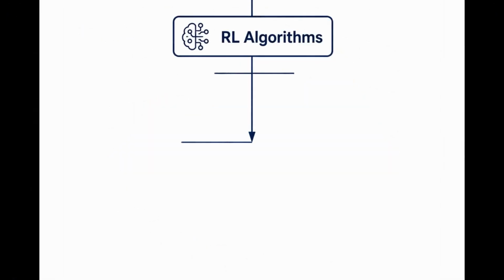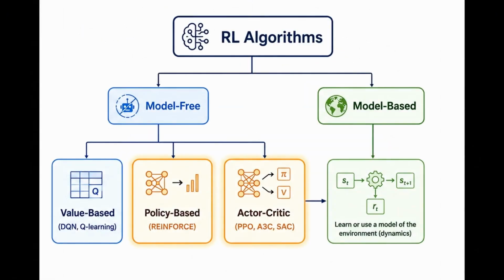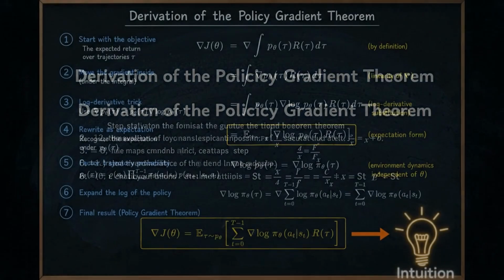Policy-based methods directly parameterize and optimize the policy. They can naturally handle continuous actions and stochastic policies, but are typically less sample efficient. Actor-critic methods combine both, and that's where modern algorithms like PPO and SAC live. But to get there, you first need to deeply understand pure policy gradients.